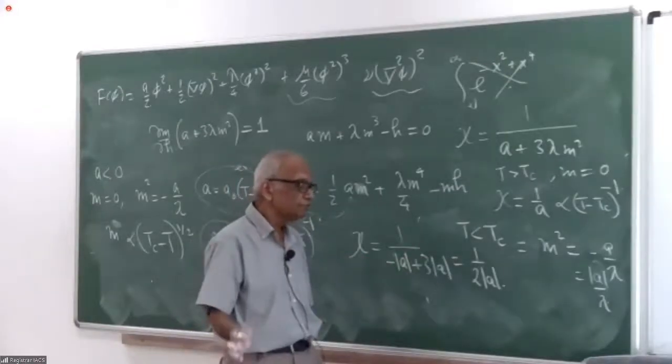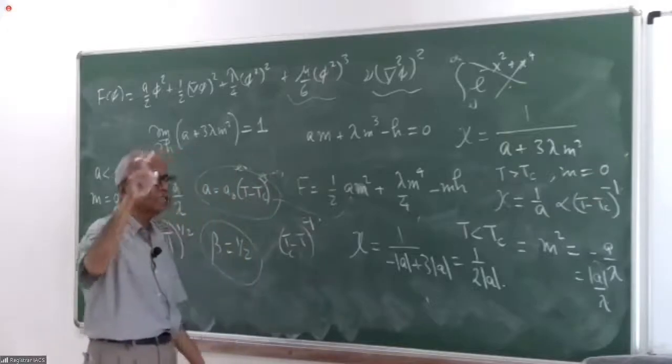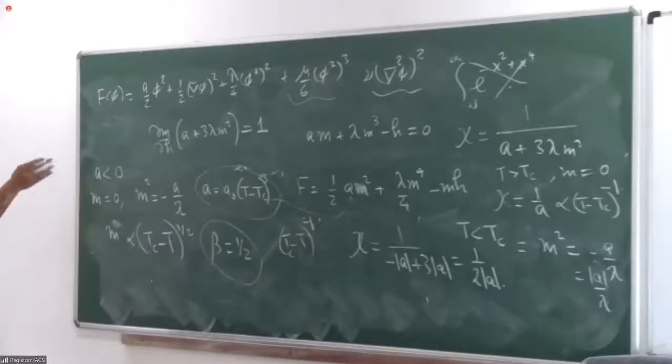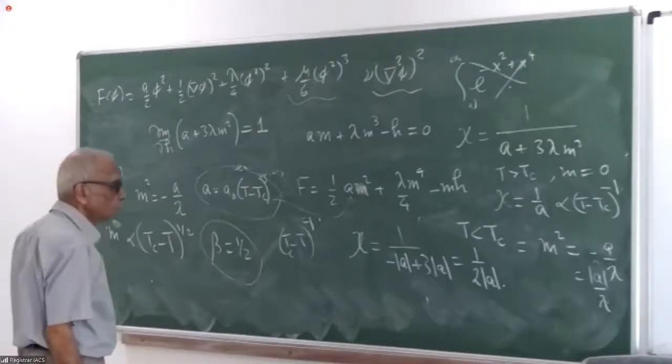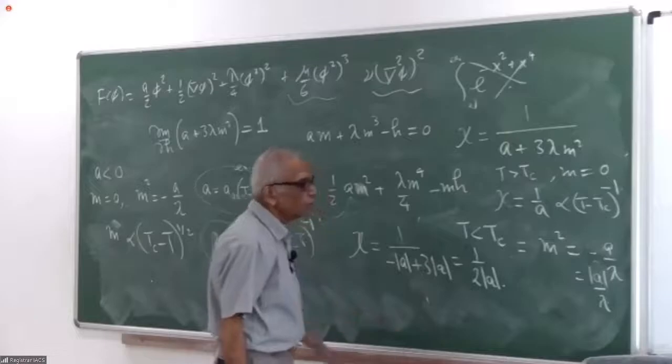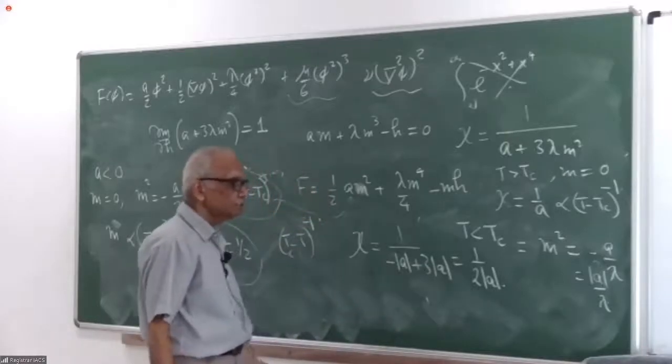If you recall, that is exactly what we got when we did the Ising model. When we compared the susceptibilities above and below, there was a ratio of 2.